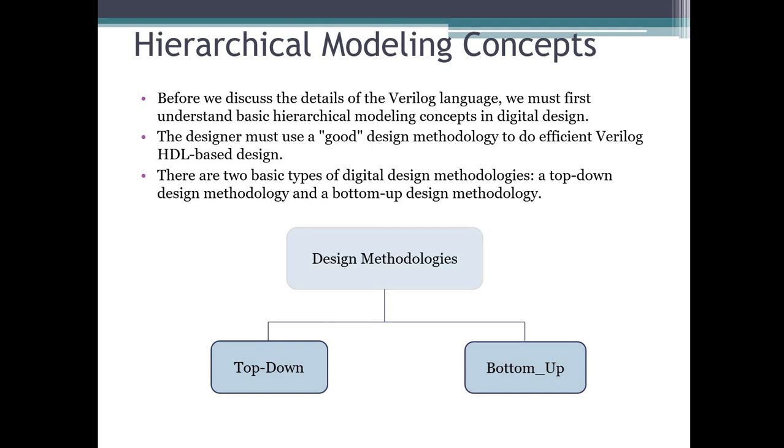This is called the top to down approach. And if you are designing the gates first, and then with the help of gates you design your half header, and then again you use half headers for designing your full header, this approach is known as bottom up.